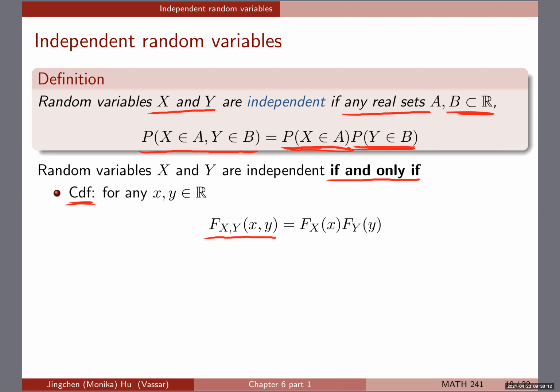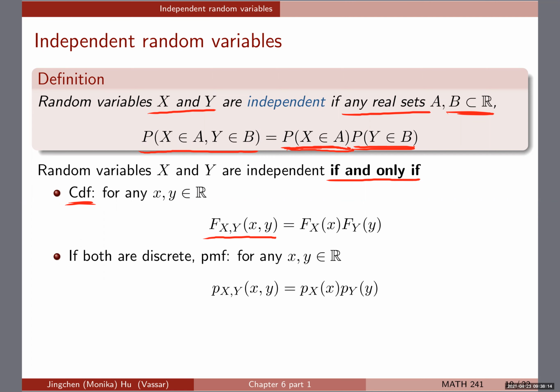It's two-way. If both are discrete, then you can work with the joint PMF. If you can show that the joint PMF is the product of the marginal PMF of each, then you know they're independent, and the other way around works as well, because of if and only if.